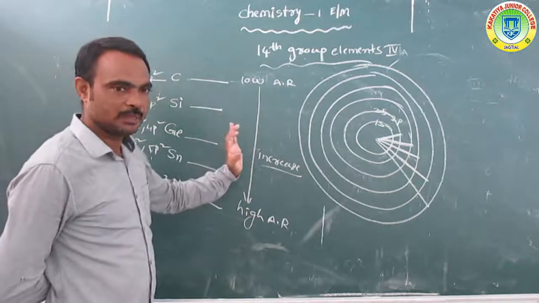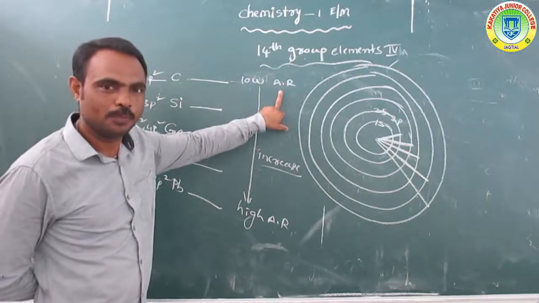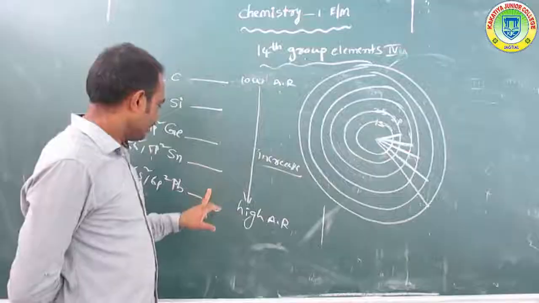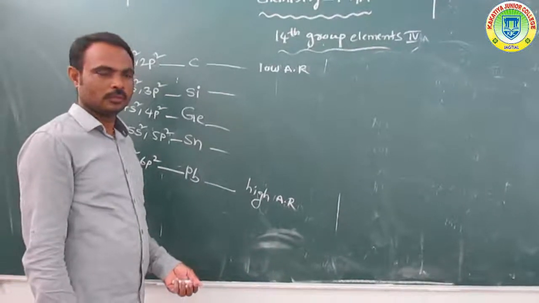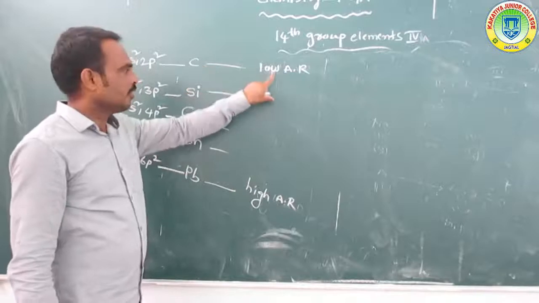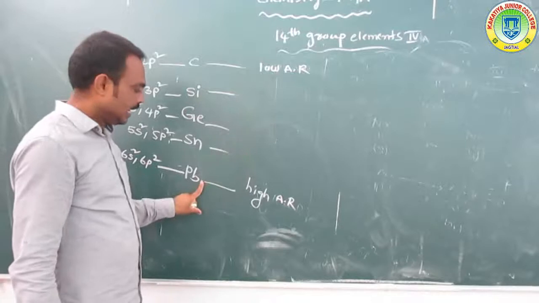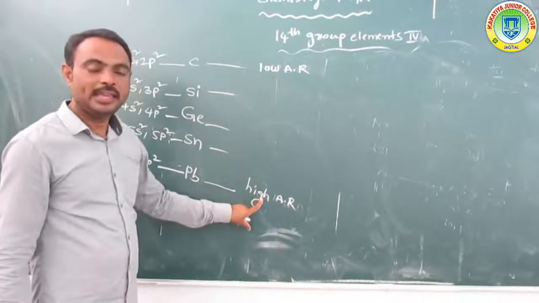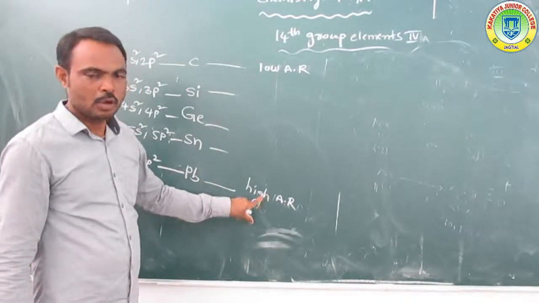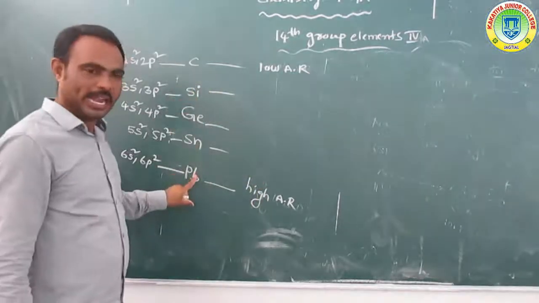Overall, what is the concept here? Carbon has a very low atomic radius value. Lead has a very high atomic radius value. What is the change from carbon to lead?